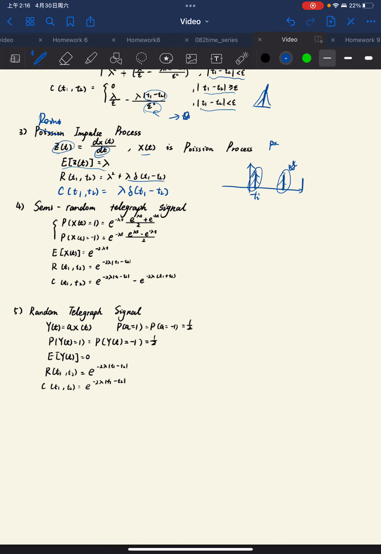And the semi-random telegraph signal is defined based on the Poisson points again.